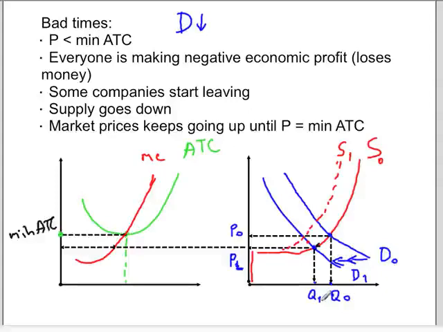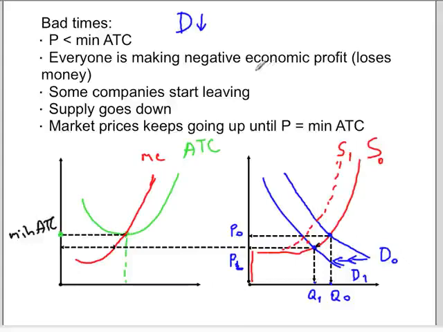Demand goes down, price goes down, so equilibrium quantity is down because every company is producing less. The number of companies stays the same because we're in the short run. We're looking at what happens in the beginning when demand goes down. So the same number of companies, each company produces less, so equilibrium quantity goes down. So this is the initial situation in the short run.